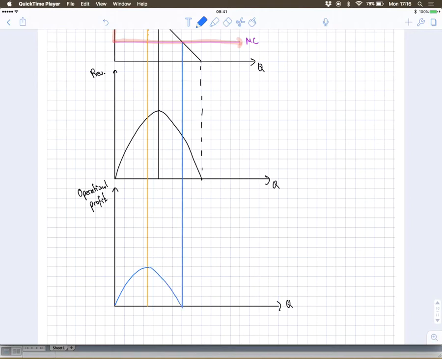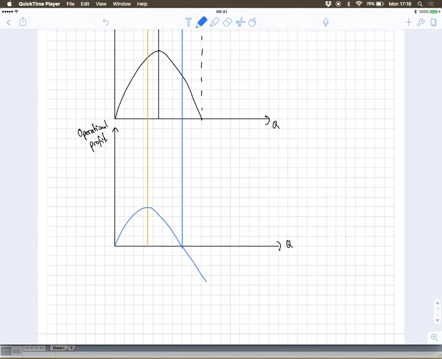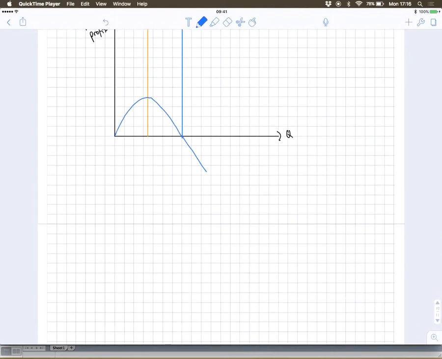And of course, if I keep on expanding the quantity, I'll have to sell below my marginal cost, so my operational profit will be negative. What happens if I want total profits? So here, I make another graph, and I call this total, or net profit.